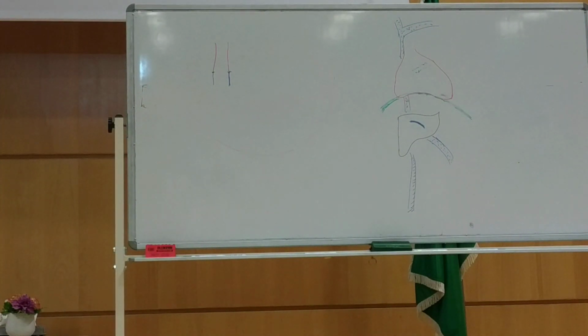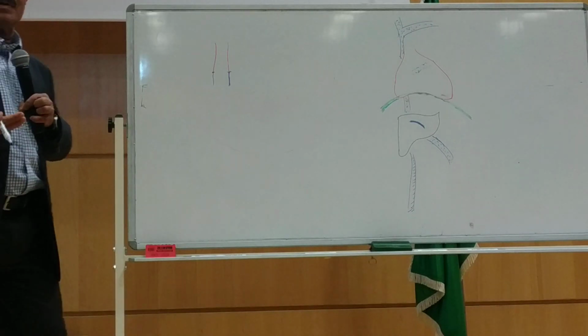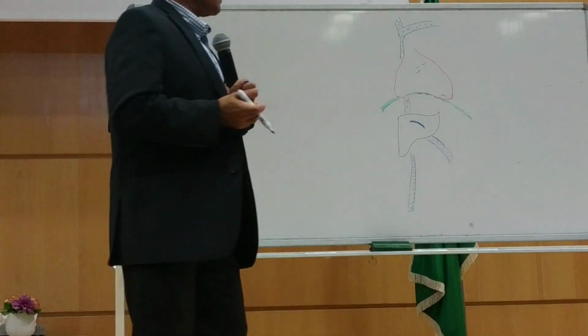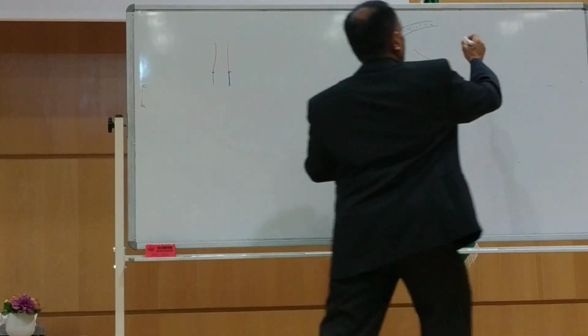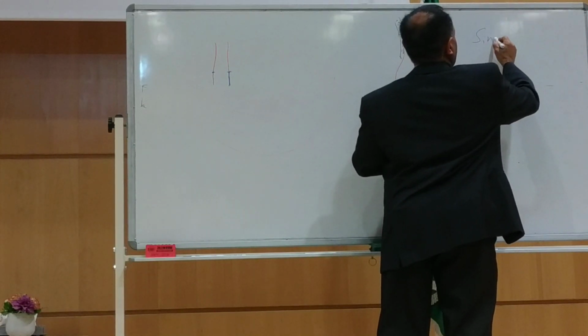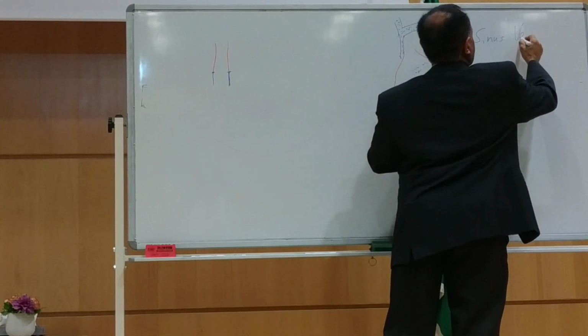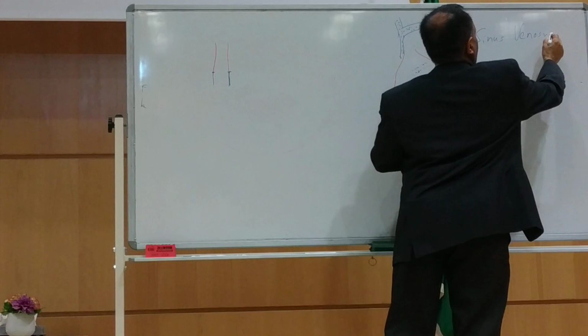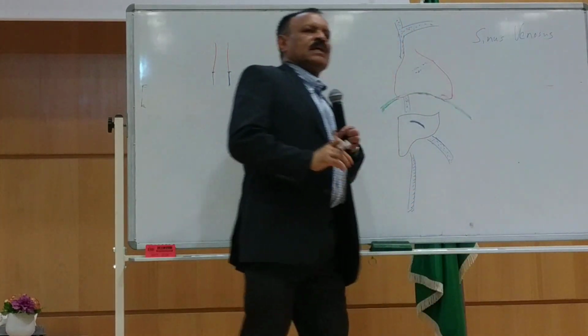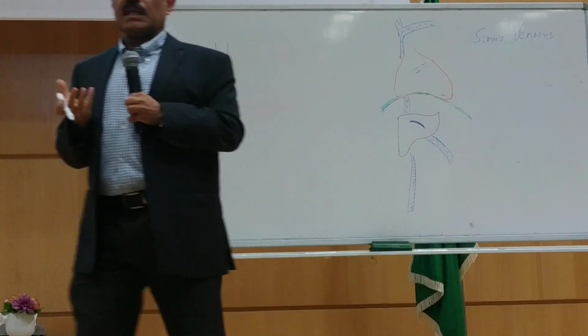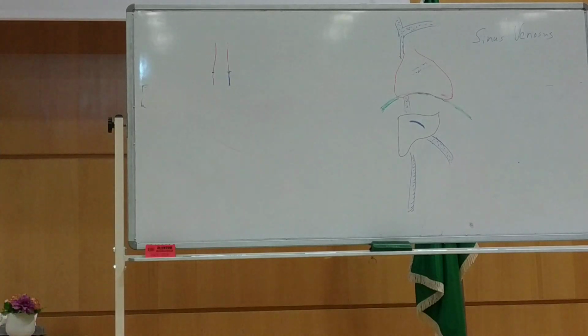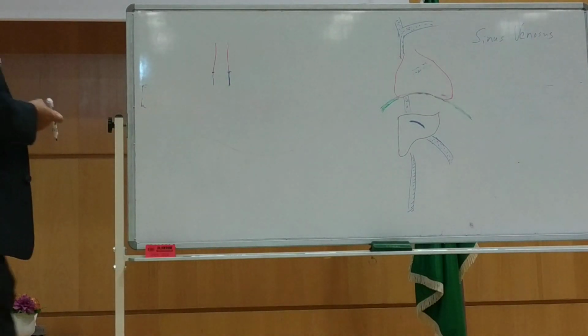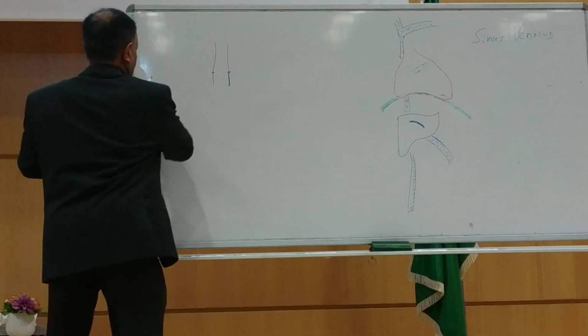You might have heard it, somebody must have told you. Sinus venosus. You want me to write? Keep on writing over here. Sinus venosus. Sinus is basically a space. Again, these are all Latin words. Okay? So this is the sinus venosus.